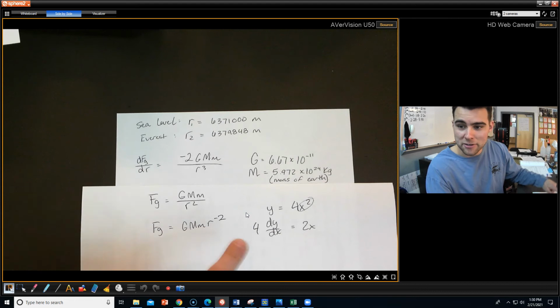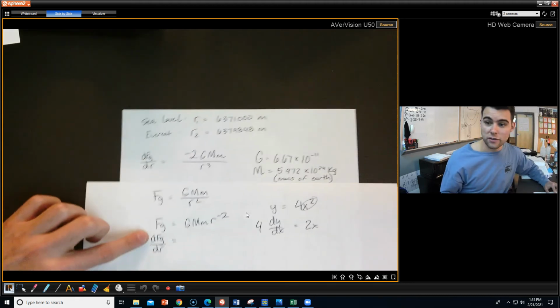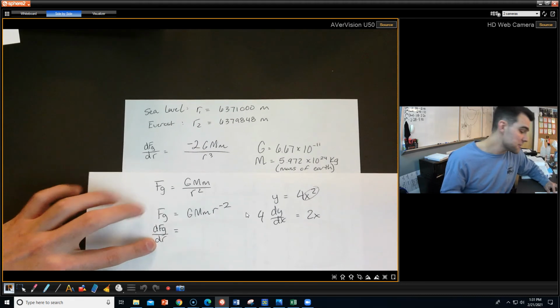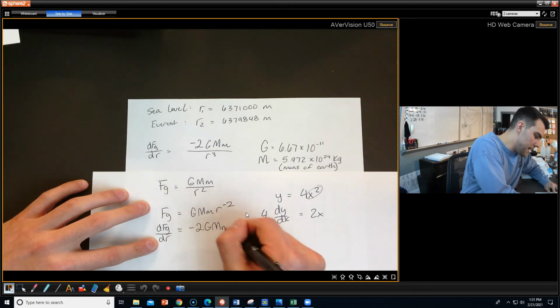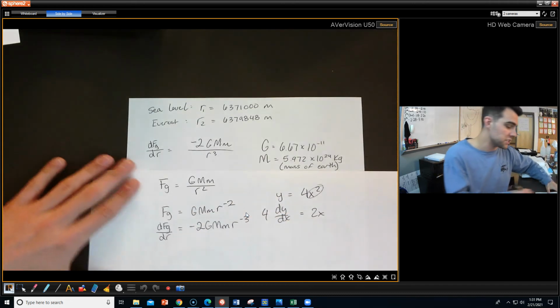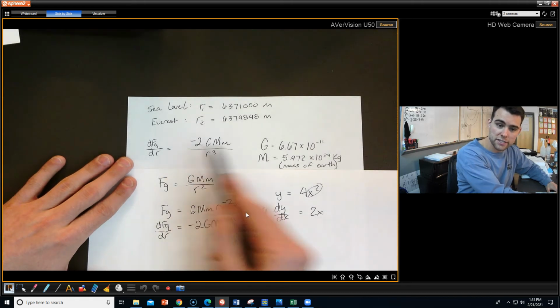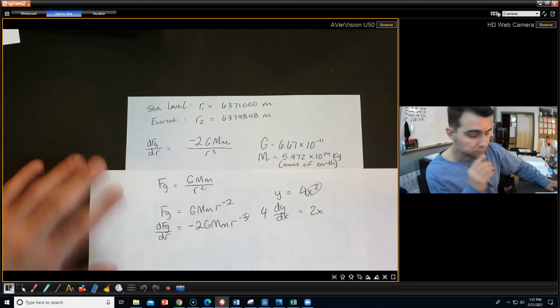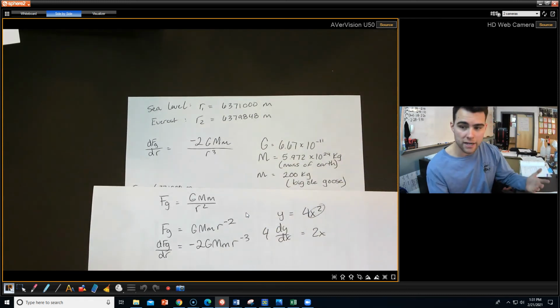I'm going to take the negative 2 and put it out in front, so for dFg over dr, the change in the force of gravity with respect to the distance, is equal to negative 2 times GM, and then it's going to be r to the negative 3, which is the same thing as moving this down here and making it r to the positive 3. So that's where I came up with my derivative. And these masses and the gravitational constant, they're all constants. They are not going to change at all, which is why I was able to do that.